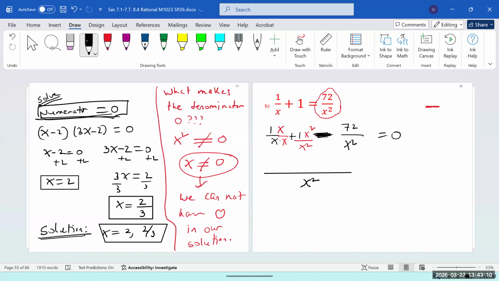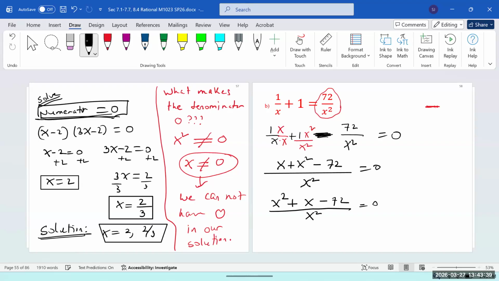Okay, so anyway, once I have all the denominators same, I look for numerators. The first numerator is x, then we have plus x squared, then we have minus 72 equals 0. But doesn't it look weird? So what do we do? We rewrite x squared first, x in the middle, and 72 at the end.